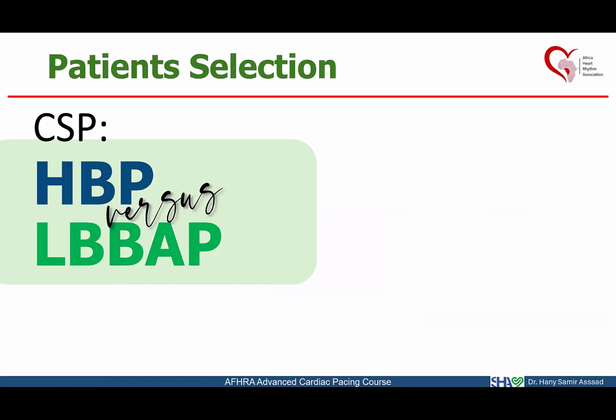Another question in patient selection in 2025 you should be answering, and we will answer it very briefly because we will have other presentations during our course to answer it. So if it's conductive system pacing, would it be His bundle pacing or left bundle branch area pacing?